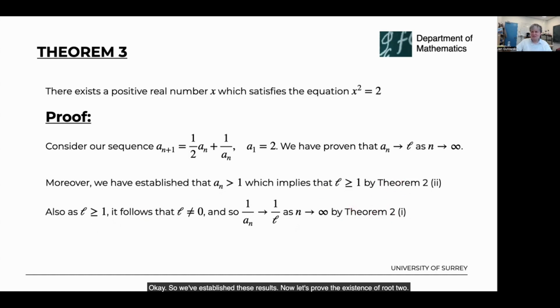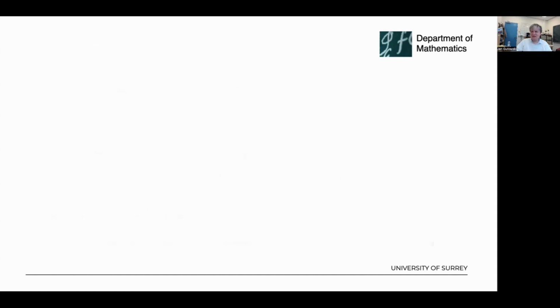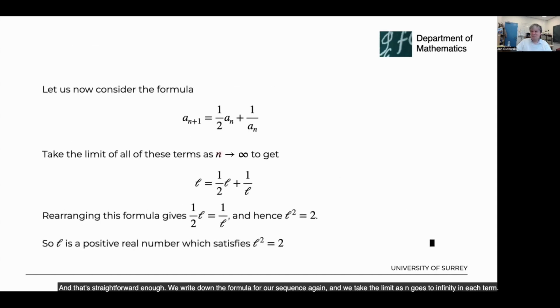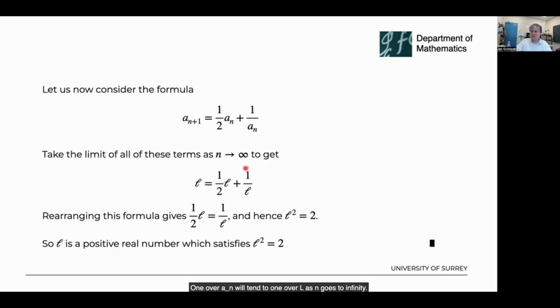Okay, so we've established these results. Now let's prove the existence of root 2. That's straightforward enough. We write down the formula for our sequence again, and we take the limit as n goes to infinity in each term. So the term on the left-hand side will tend to L, a half a_n will tend to a half L, and 1 over a_n will tend to 1 over L as n goes to infinity.